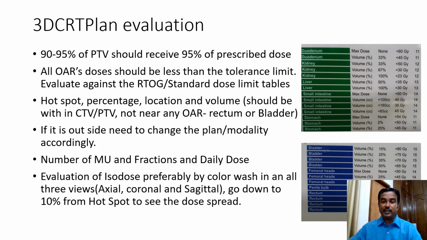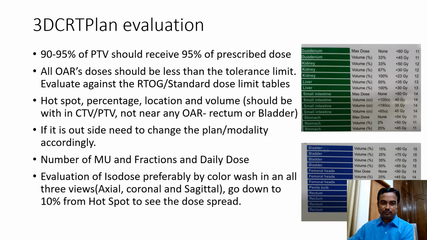The hotspot ideally should be within the PTV, within the CTV preferably, and it should not be near any OAR. In the case of cervix, it should not be on the rectum or bladder, especially on the anterior part of the rectal wall or lower part of the bladder.